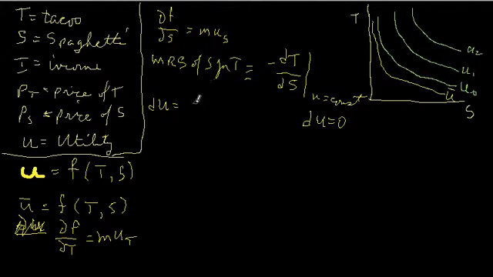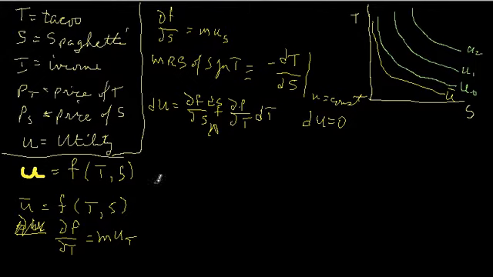That's the differential of U, which we know from the definition of the total differential is equal to the partial derivative of the function with respect to S times dS, plus the partial derivative of F with respect to T multiplied times dT.